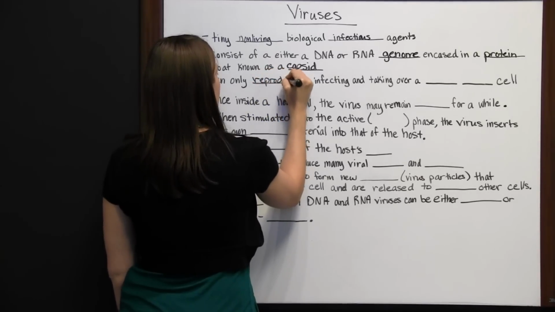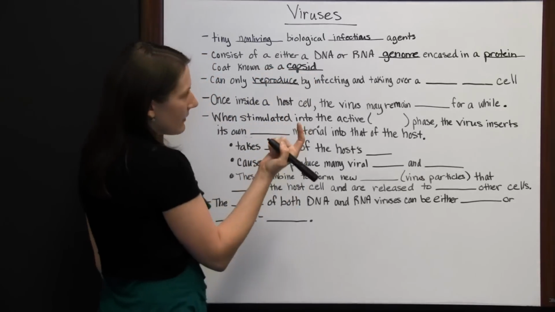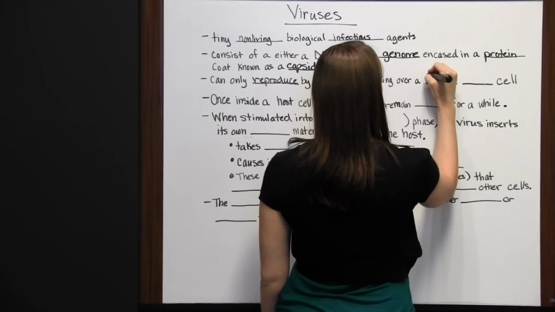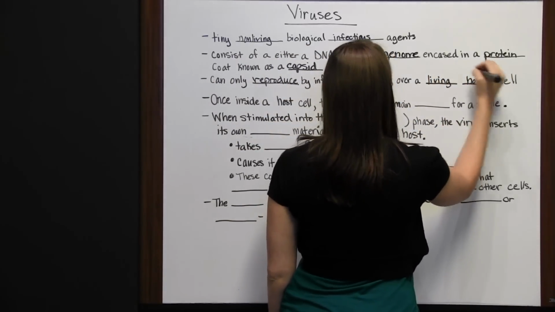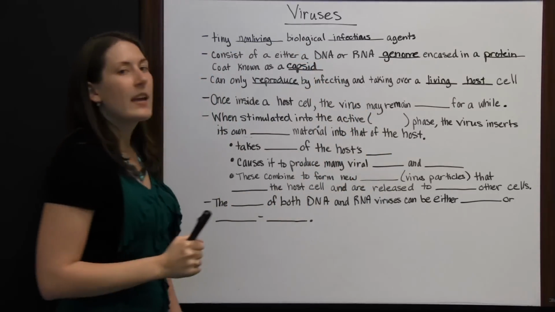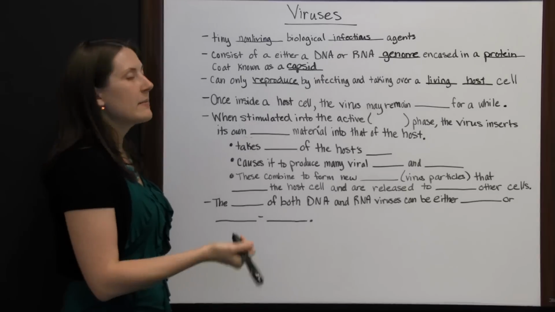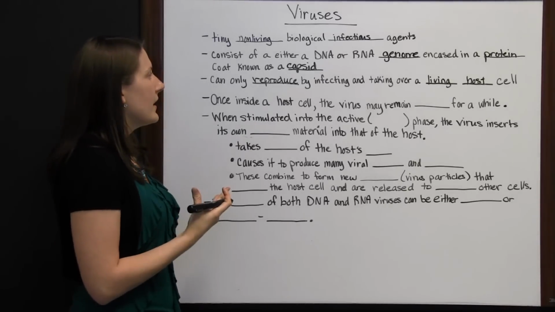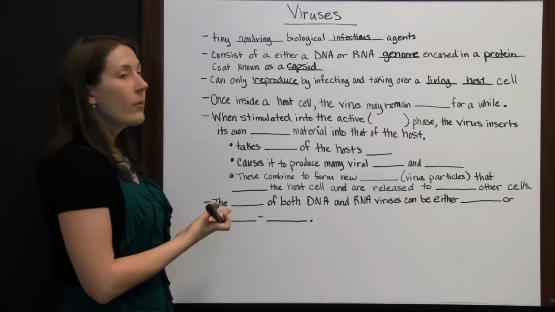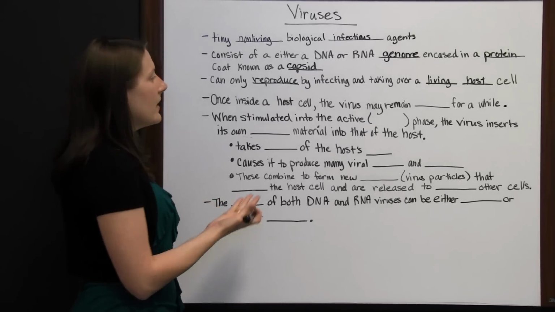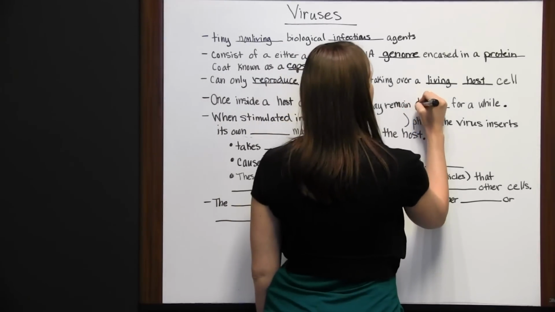And viruses can only reproduce by infecting and taking over a living host cell. So while they are non-living, they must take over a living host cell to be able to reproduce their viral DNA or RNA. Now, once they're inside a host cell, the virus may remain dormant for a while.